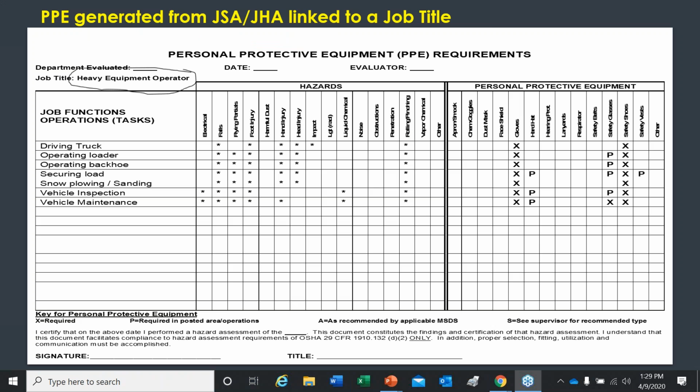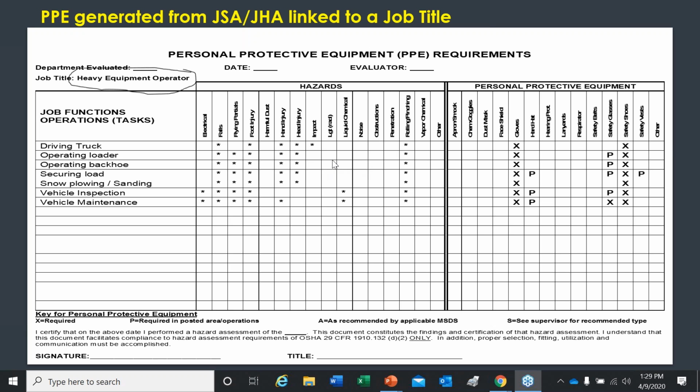Once you get those JHAs, what you end up with is, I note here by title, a heavy equipment operator. These jobs are just a little bit too broad, but in driving a truck, you will notice that I've got on here that some of the hazards are foot injury, falls, and hand injury that could occur.